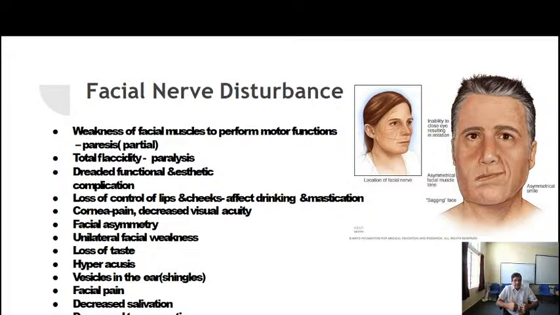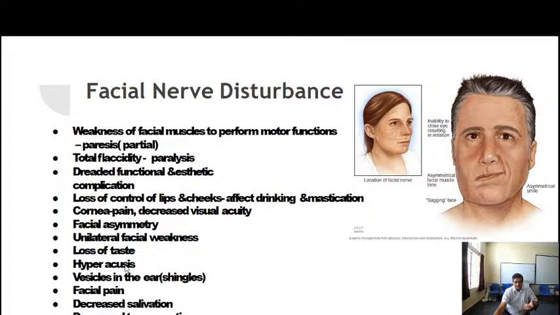So there is a dribbling of saliva, and you cannot close the mouth, so there is always a leak when you are drinking water. And along with that, you have the pain if it is an inflammatory condition, and the facial asymmetry, and then the loss of taste, because the chorda tympani is there, which takes impulses from the anterior 2/3 of the tongue.